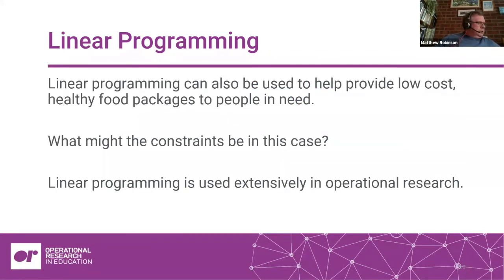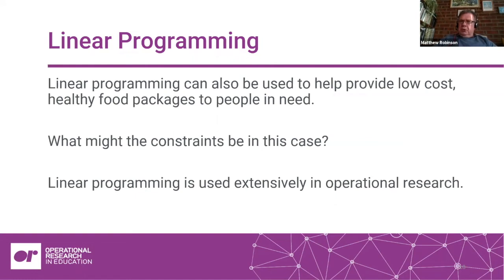So how is this worked out, and how is this used? If you think about a lot of situations, you may be wanting to say, well, how can we help provide low-cost, healthy food packages to people in need? I'm not going to go through exactly what the answer might be, but just think about, in this case, what the constraints might be.